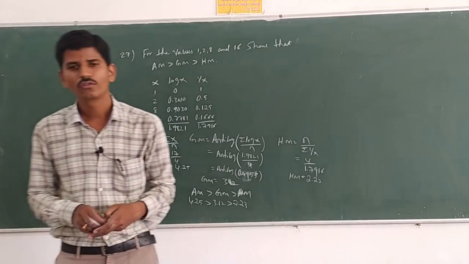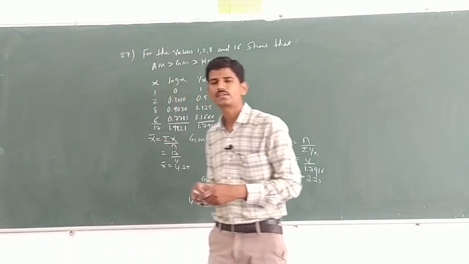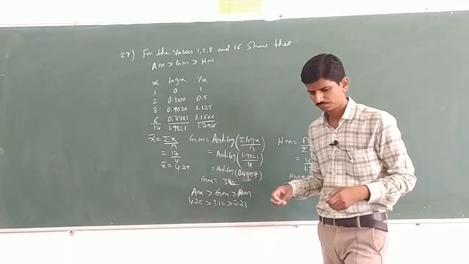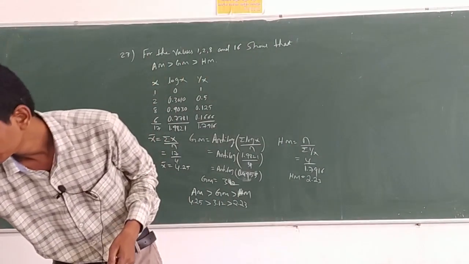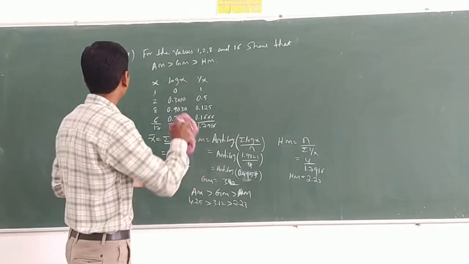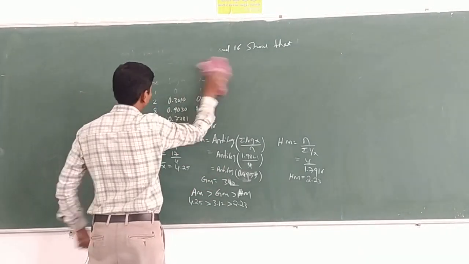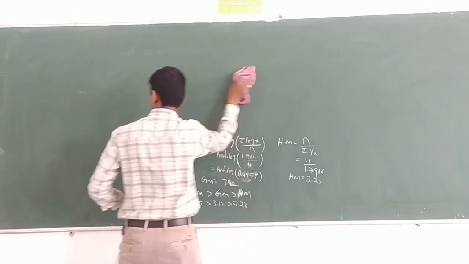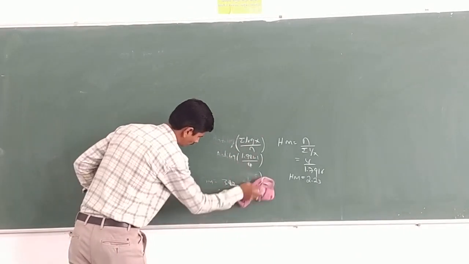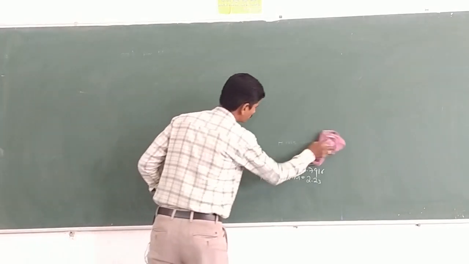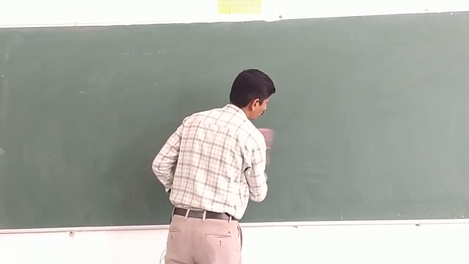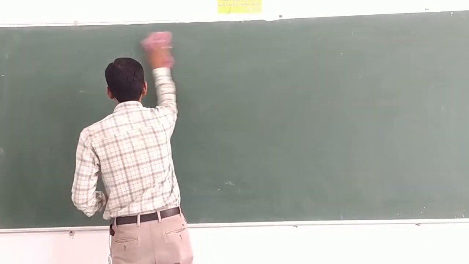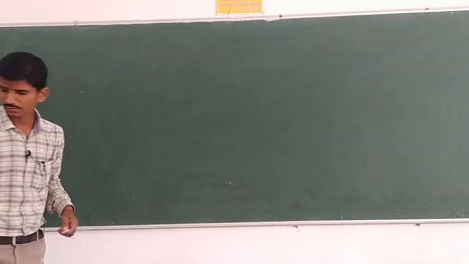Okay, it's complete your harmonic mean. The next, we shall start partition values. Partition values are also called measures of position.